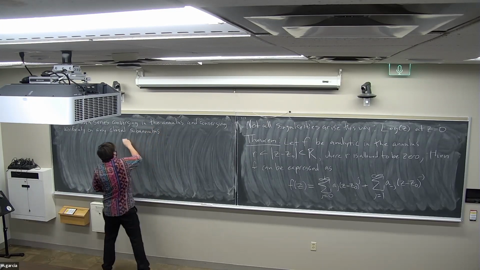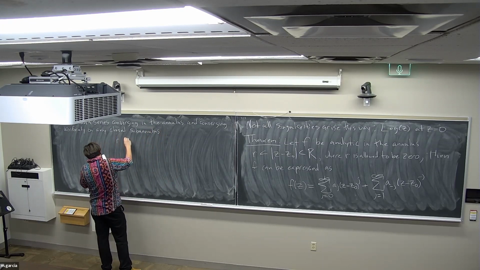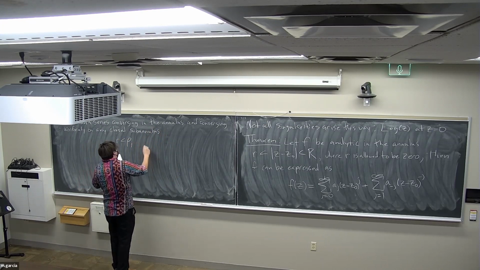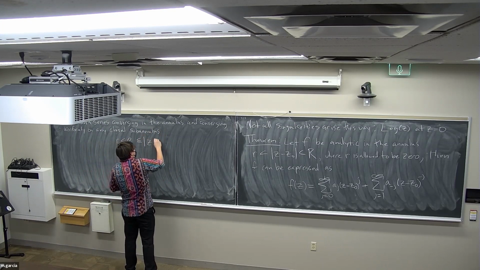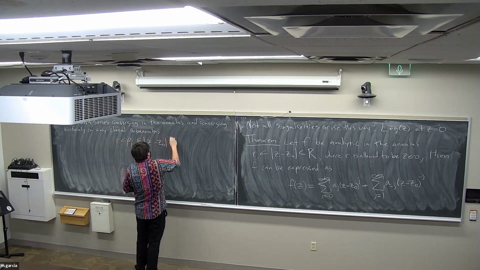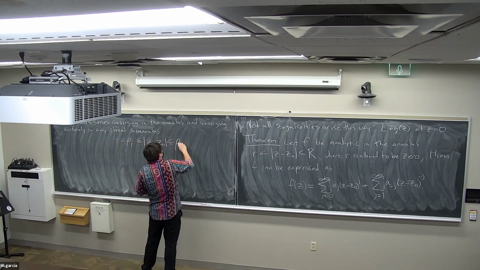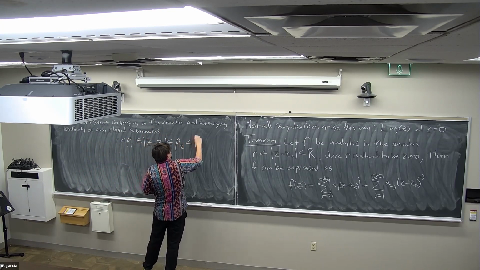Let me take the trouble to specify exactly what I mean by this. I'll take some real number rho sub 1 less than or equal to the modulus of z minus z naught less than or equal to some real number rho 2 strictly less than capital R.